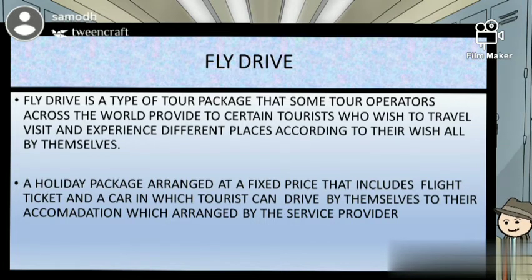Mostly, if you see in Europe and other parts of the world, fly drive tours have gained major importance. The main highlight of fly drive tour is that you can go around various places in a certain period of time.